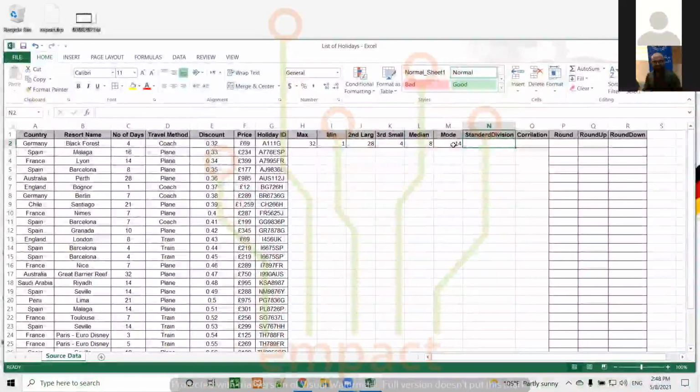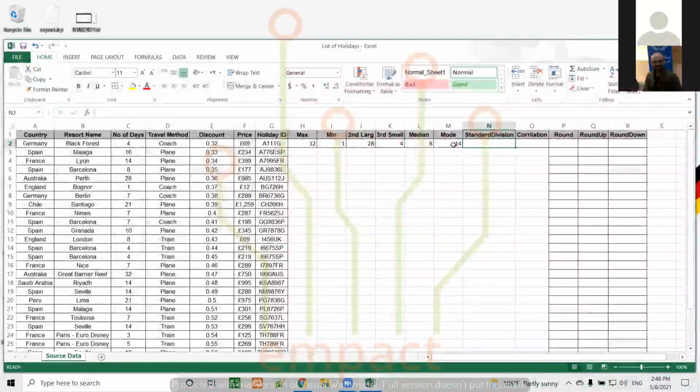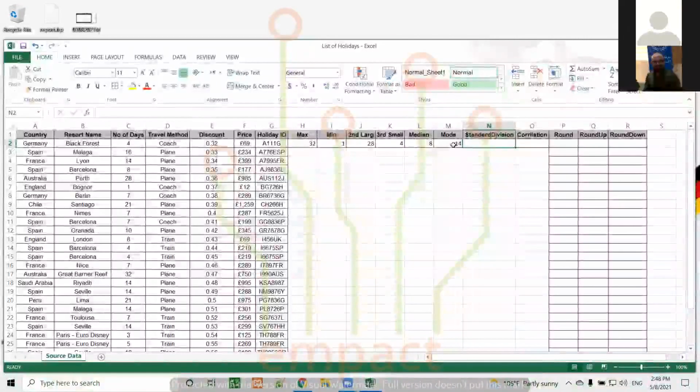The standard deviation is a measure of the spread of the data according to the standard statistical measurement.